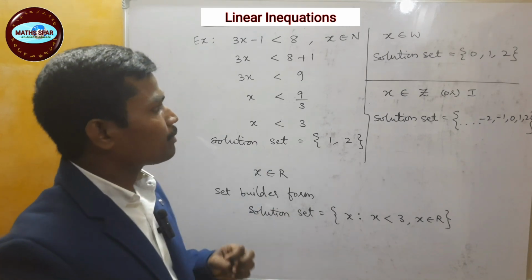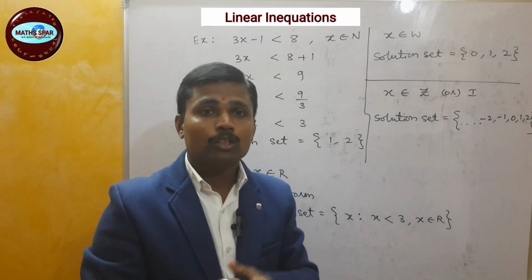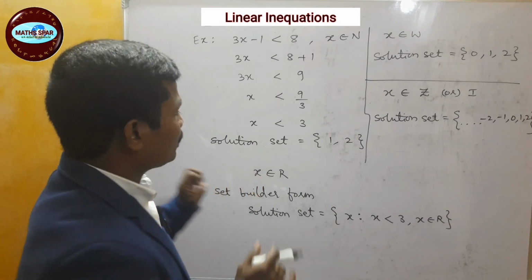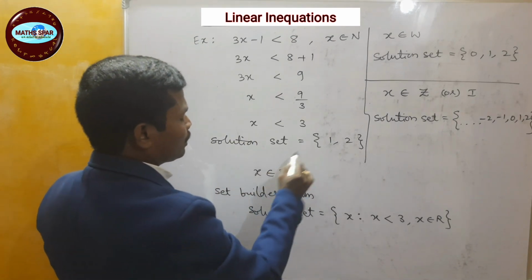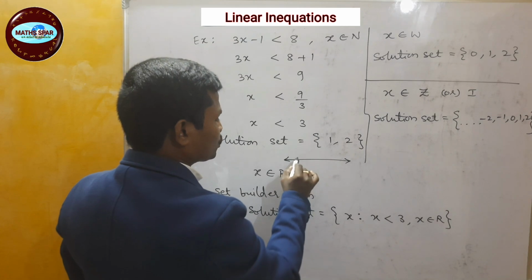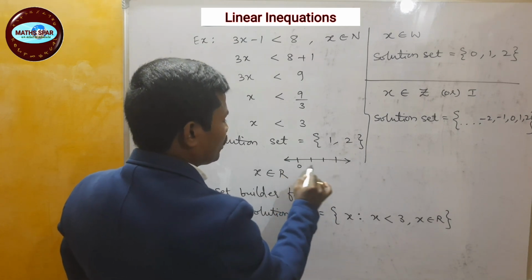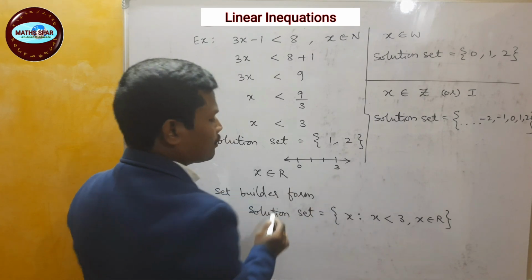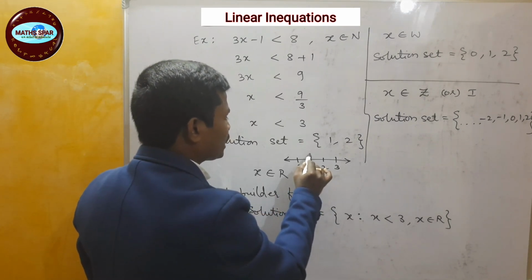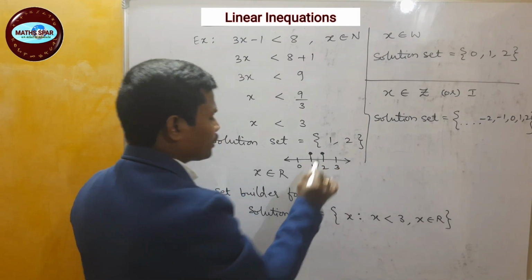Now you see, a concept by name number line is there. So how do we draw the number line for these types of solutions? For this number line, it is compulsory for us to write one number before and one number after, and you will represent this with a dark dot.